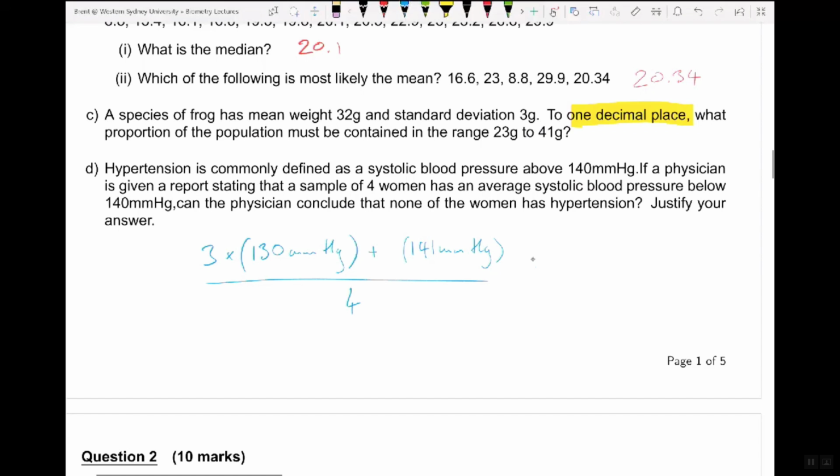Instead of bothering to work it out in my calculator, I'm just going to say that the mean is less than 140. It definitely will be.